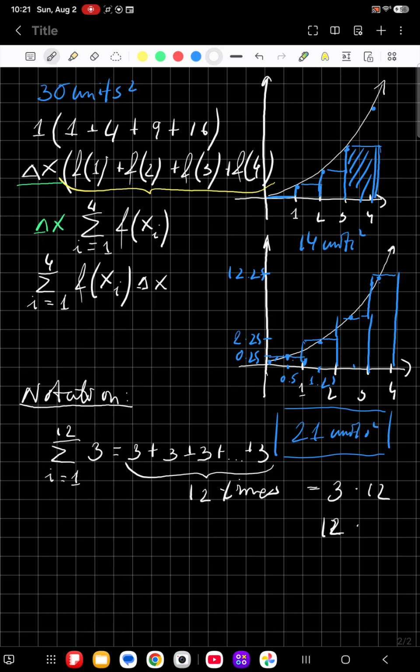In general we could write it like this: if I wanted to add some number c, n times, so the sum from i equals 1 to n, I'm just making it more general, it's n times c. So if I wanted to add 2, that 2 would be c, and 64 times, n would be 64. So 64 times 2, and you get 128.